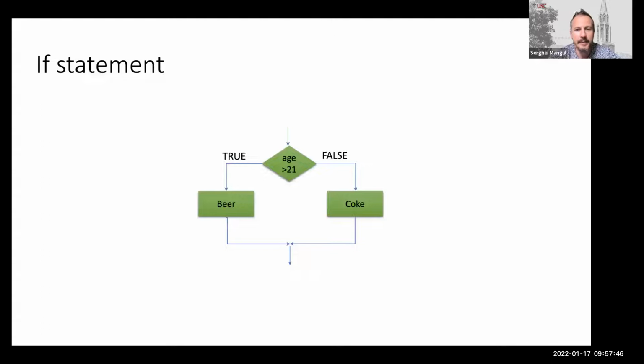Okay, so the if statement. Like in the US, you cannot drink if you're less than 21, or nobody will sell you alcohol. So if your age is greater than 21, you have the variable age in yourself, you have that value. When you come to the store, you do an if statement. So, my age is 20.